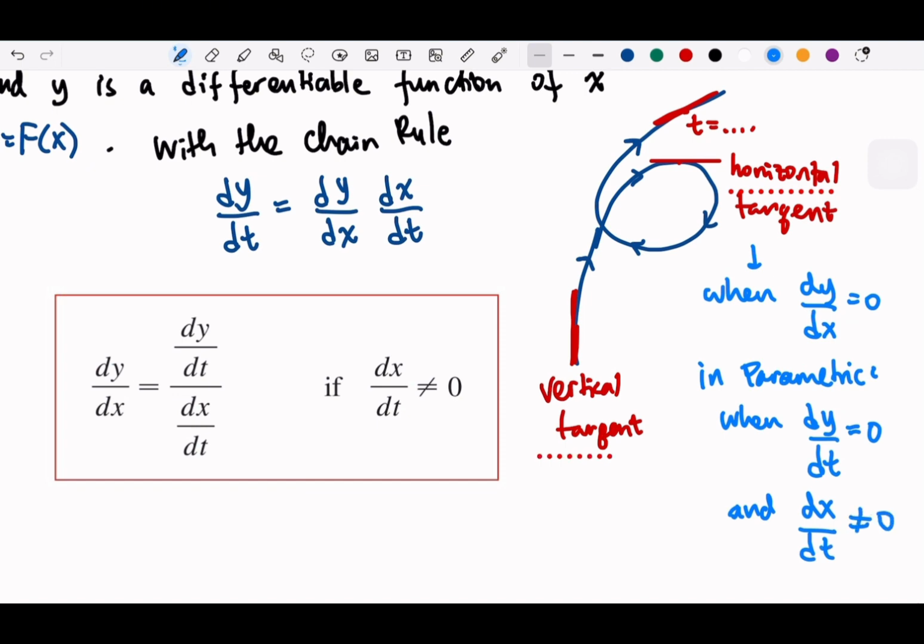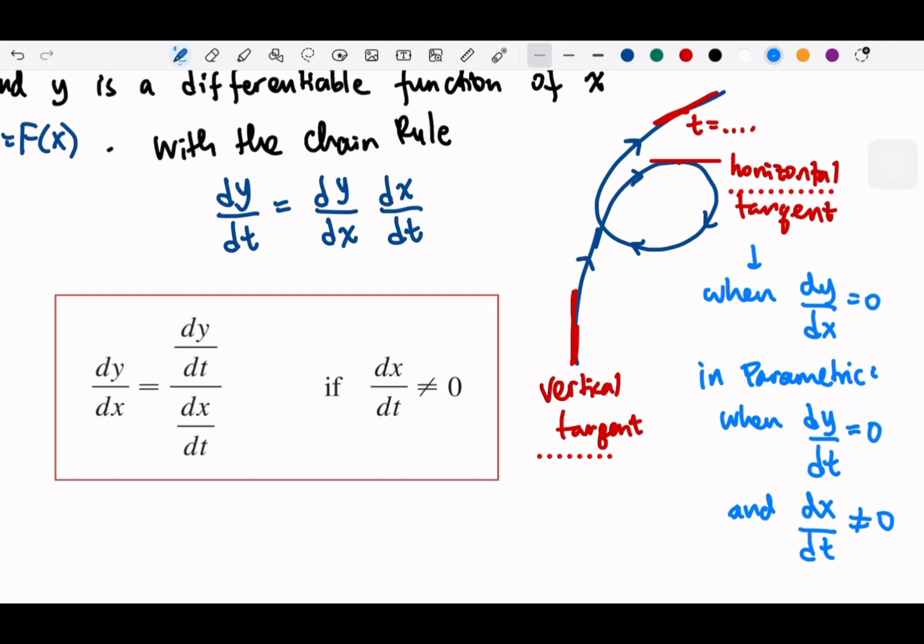So that is for horizontal. We know that horizontal is when it's 0. How can it be 0? The top should be 0, and this one cannot be 0, it should be another number, to make the whole thing 0. Got it? So dy dt is 0 and dx dt is not 0.